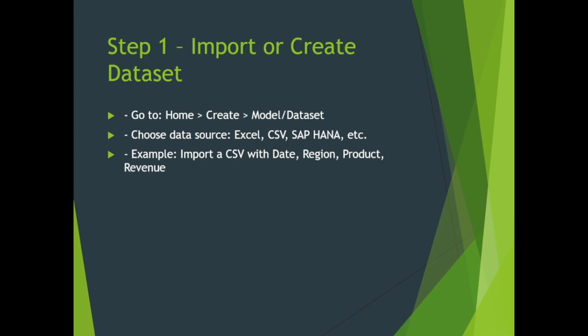For example, it could be Excel, CSV, SAP HANA, etc. For the sake of example, we will import a CSV file's data into our SAP Analytics Cloud. We also did this in my previous lecture, so you can go through it. These are the things we must do for importing the data.